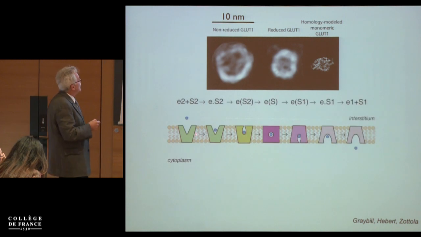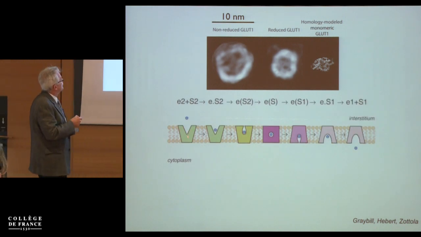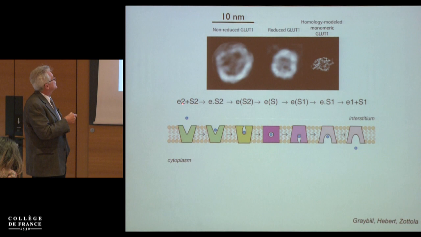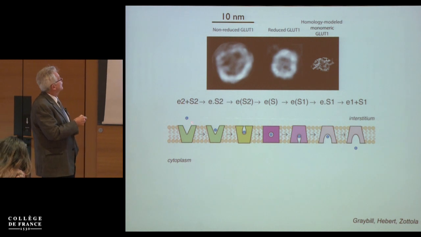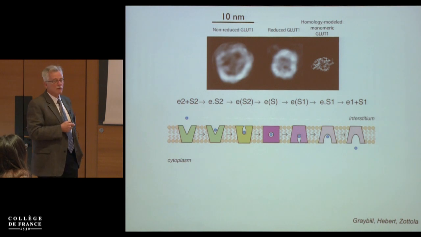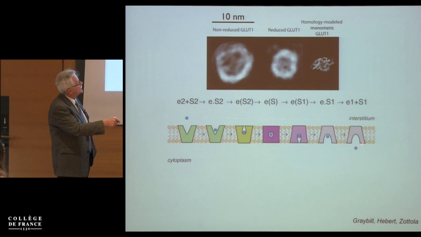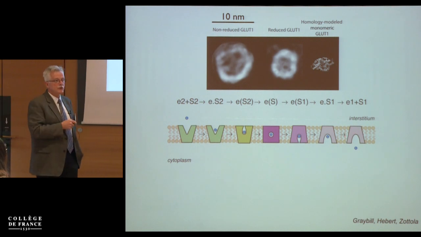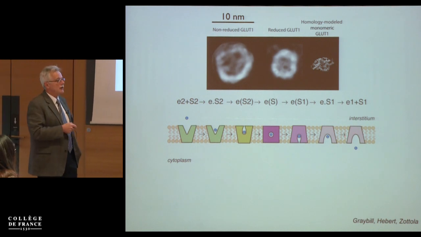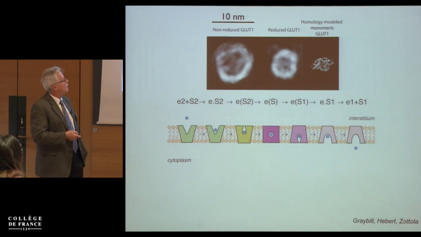Now, we know that the transporter, each subunit, isomerizes between two states. The kineticists call this the E2 state, presenting a sugar binding site to the exterior of the cell. When sugar binds, there's a conformational change in which the transporter is now in the E1 state, presenting a sugar binding site to the cytoplasm.